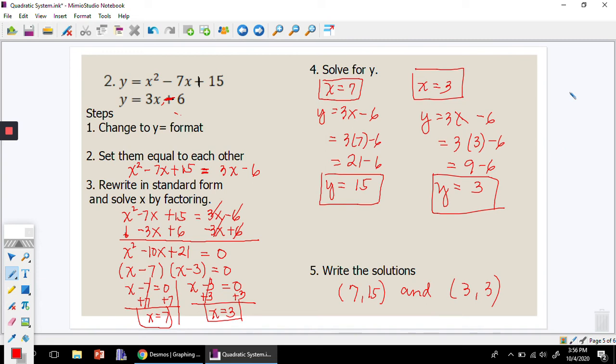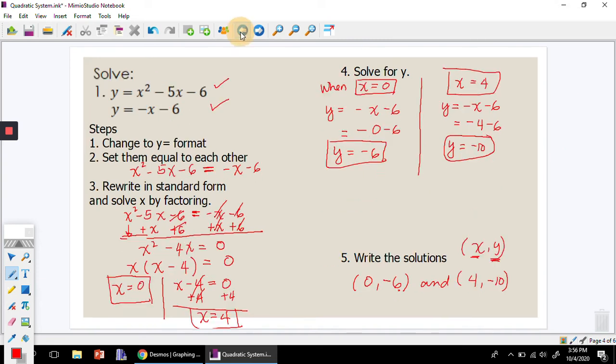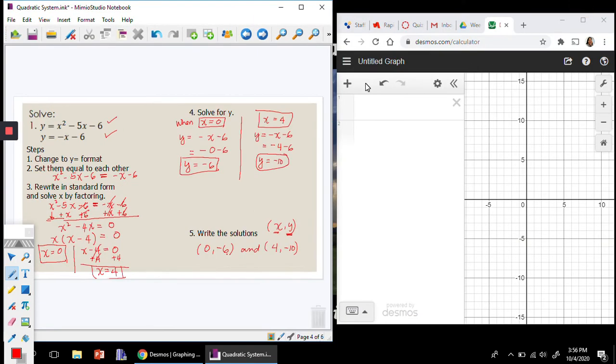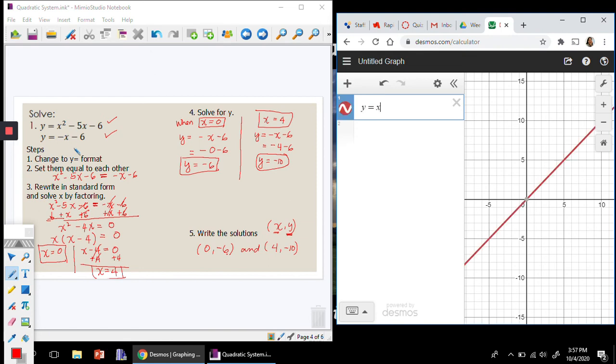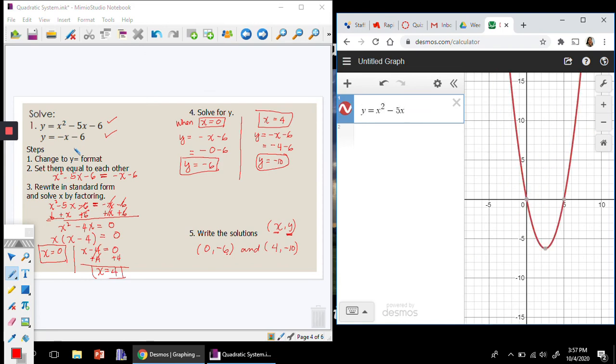Now let us try to graph them. Let us find the solution. Let's see if we will have the same answer when we graph them. Okay, to graph this, all you have to do is to use Desmos. The first thing that you need to do is to graph these two equations. So the first one is y equals x squared minus 5x minus 6.